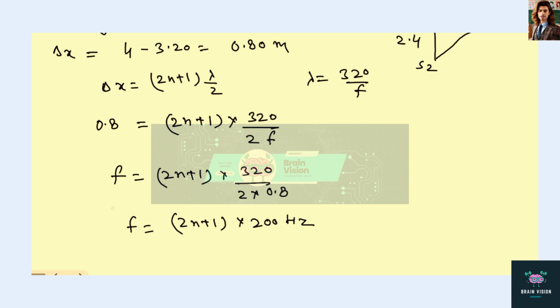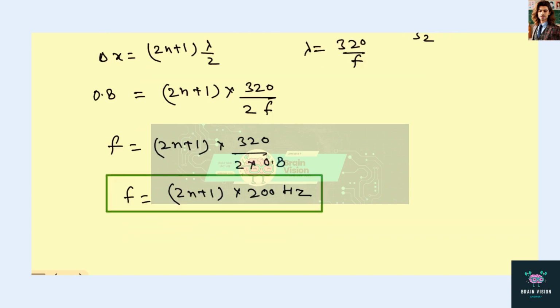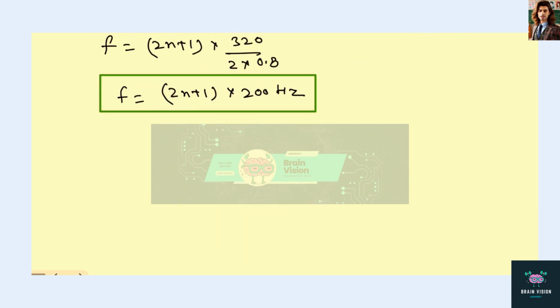So this will be the formula for the frequency, and now we can put n equals 1, 2, 3, 4 to find out the frequencies that can be heard in the audible range from 20 hertz to 2000 hertz.